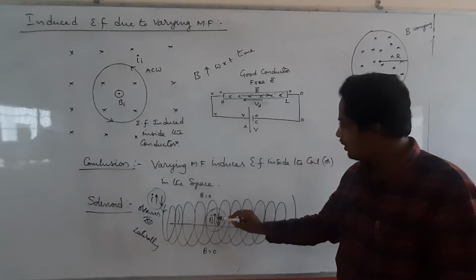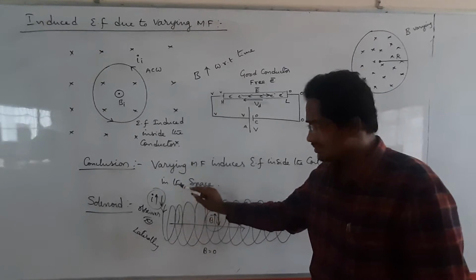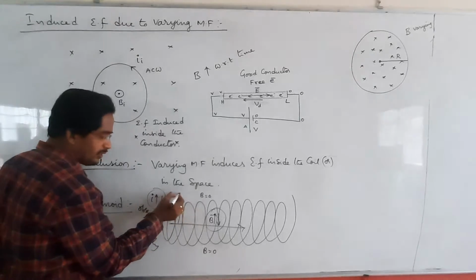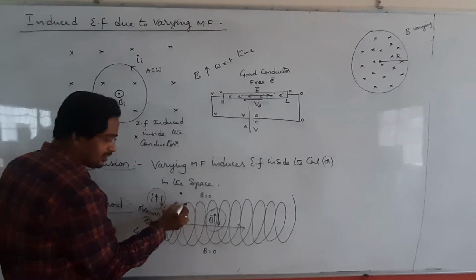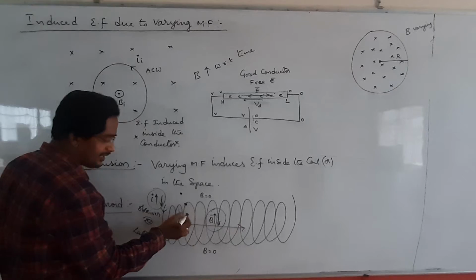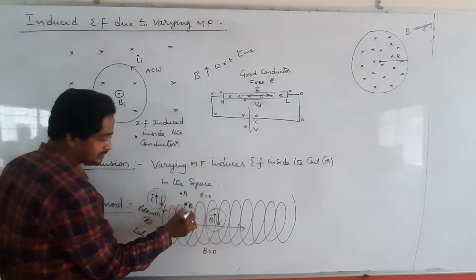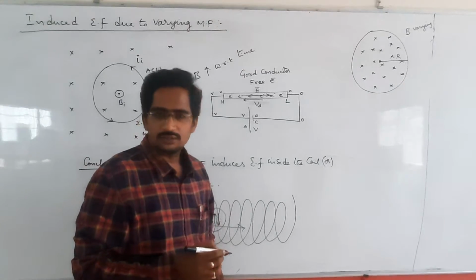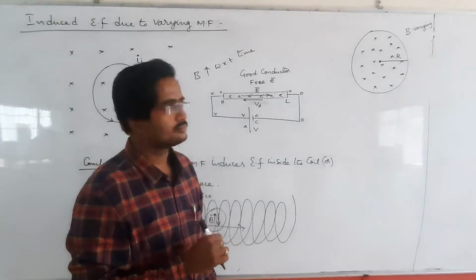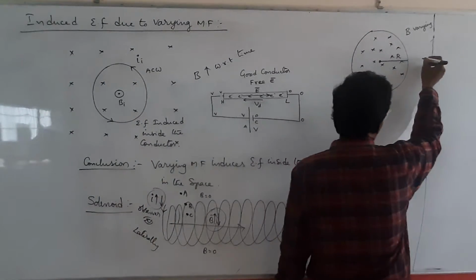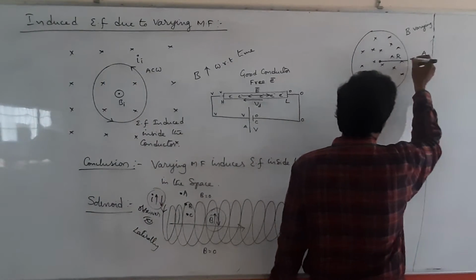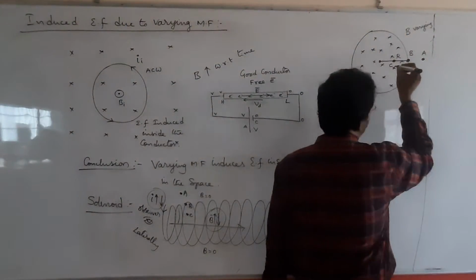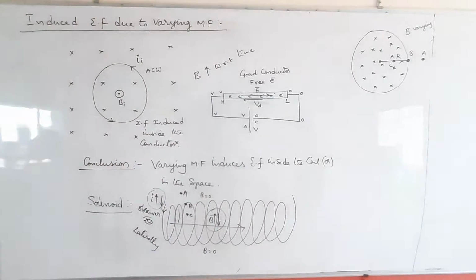When B is varying, an electric field is induced. I would like to get the electric field intensity value at 3 points: one outside, one on the solenoid surface, and one inside. The points are A, B and C.